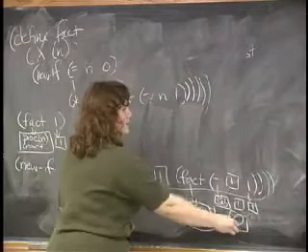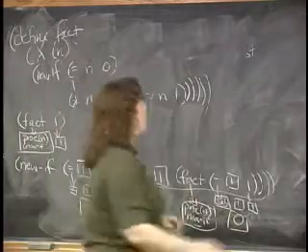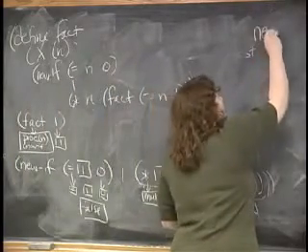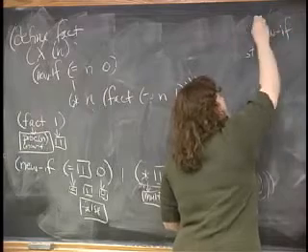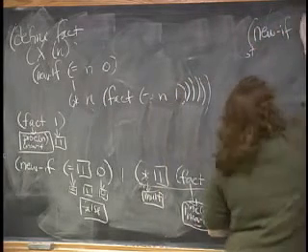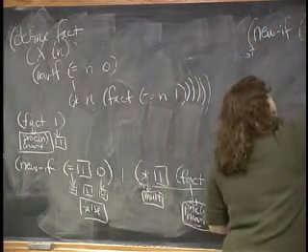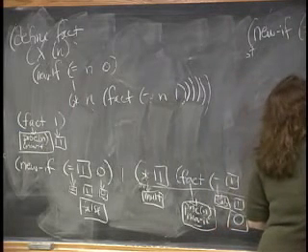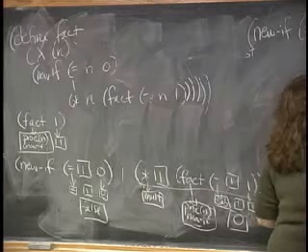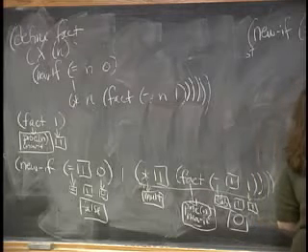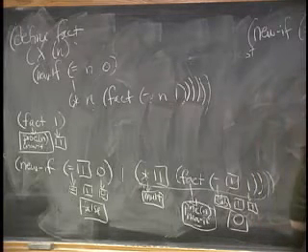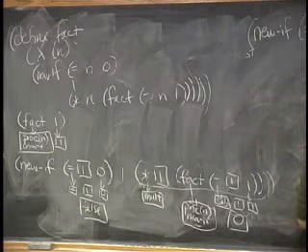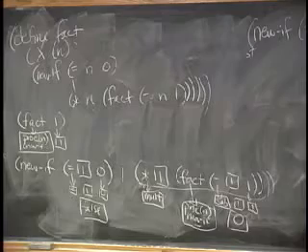Let's expand this. That becomes new if equals 0, 0, return 1, otherwise times 0 fact minus 0, 1.